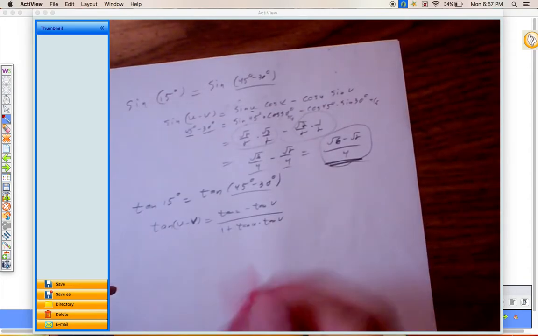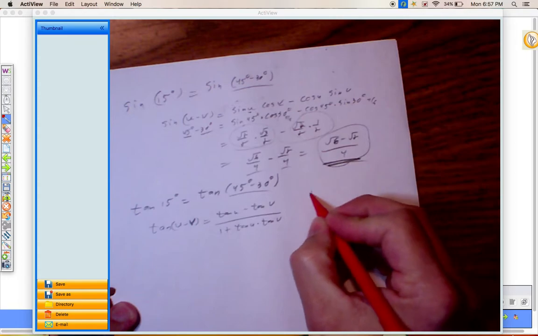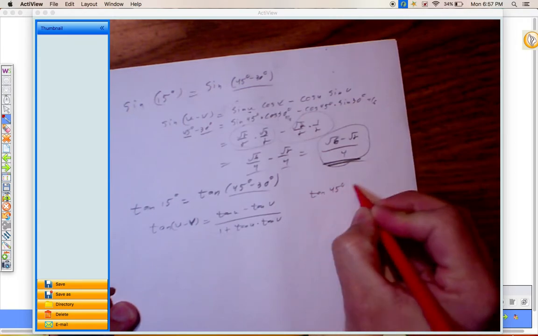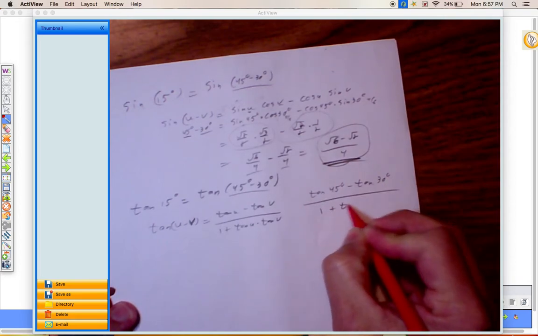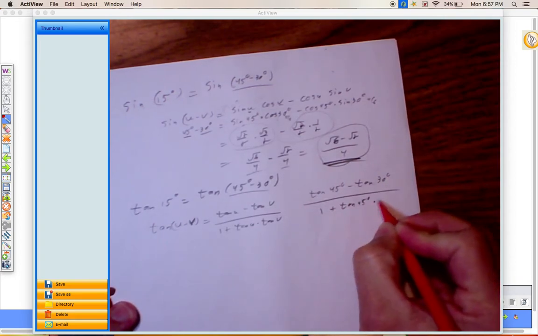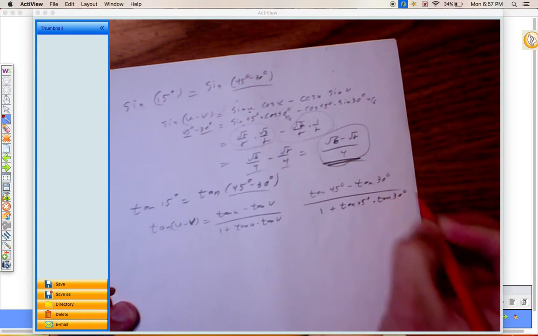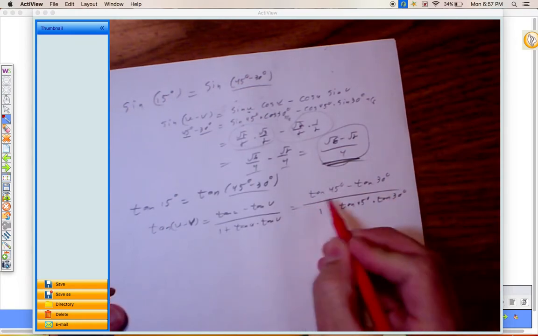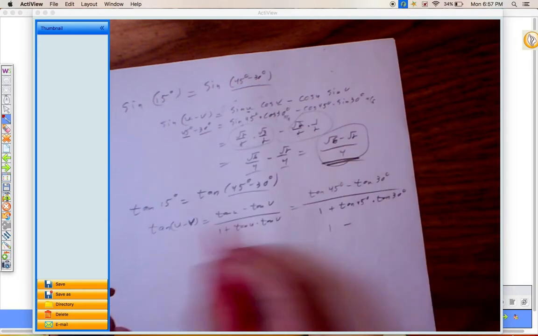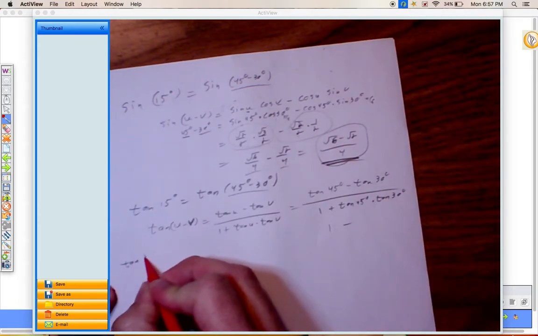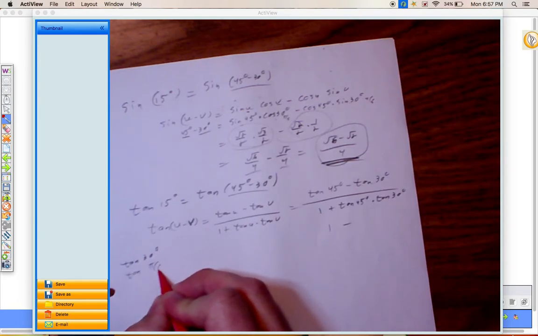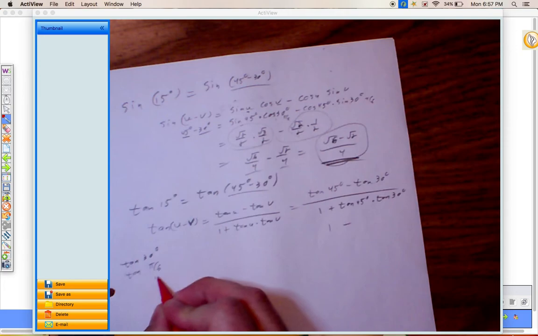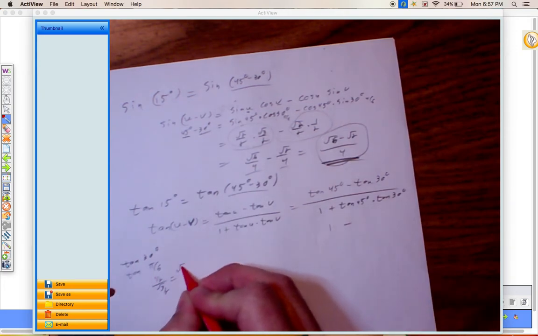All right, so I'm going to go the tangent of 45 degrees minus the tangent of 30 degrees over 1 plus the tangent of 45 degrees times the tangent of 30 degrees. Tangent of 45 degrees, I hope we know already, is 1, minus tangent of 30 is the tangent of pi over 6. Pi over 6 is going to be 1/2 divided by the square root of 3 over 2, which is square root of 3 over 3.